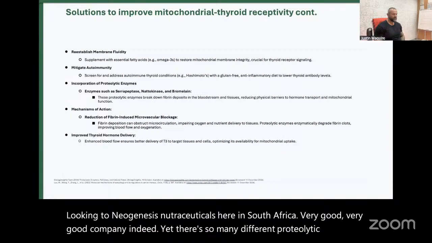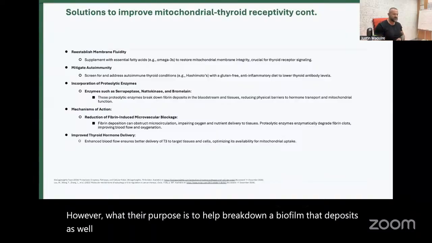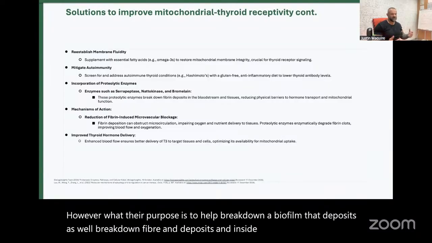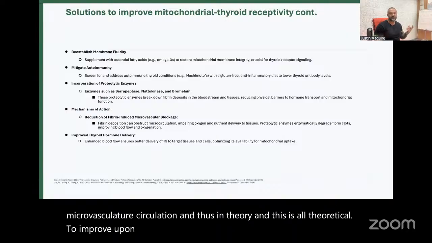Yet there are so many different proteolytic blends. However, their purpose is to help break down the biofilm deposits as well as fibrin deposits, and in so doing improve microvasculature circulation, and thus, in theory, and this is all theoretical, improve how well the mitochondria can receive the thyroid hormone in question.